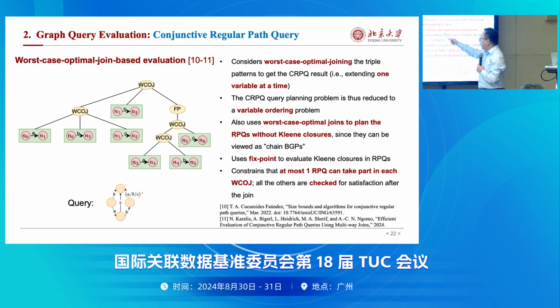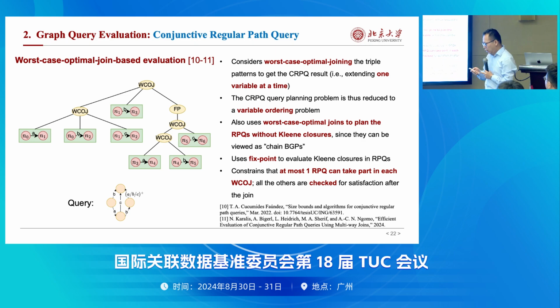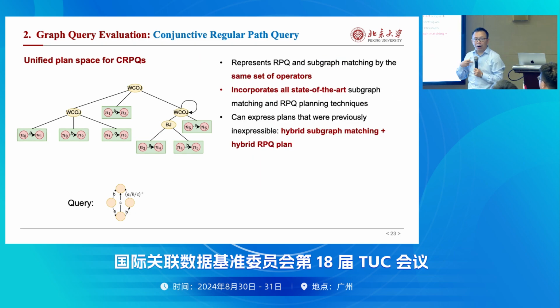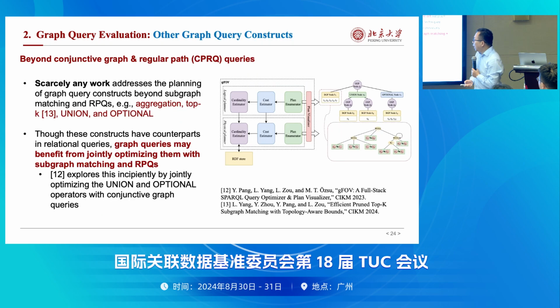But for those with Kleene closure, you can use a fixed point operator. In our ongoing work, we want to propose a unified plan space for all the CRPQ queries. We hope that the query representation can represent the RPQ and subgraph matching by the same operators.